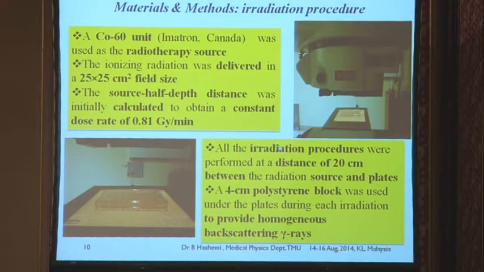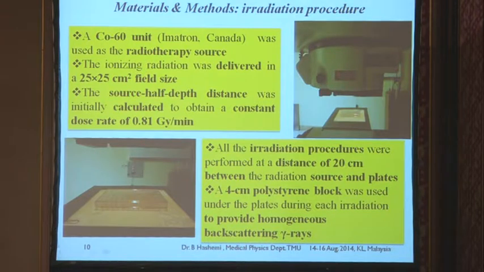Okay, how did we do that? A cobalt-60 unit made by Imatron from Canada was used as the radiation source. The ionizing radiation was delivered in a 25 by 25 square centimeter field size, and the source half depth distance was calculated to obtain a constant dose rate of 0.85 gray per minute.